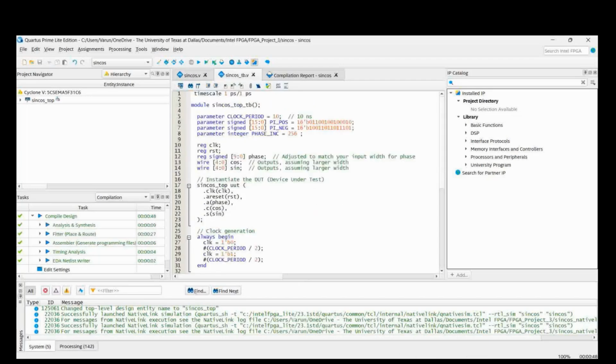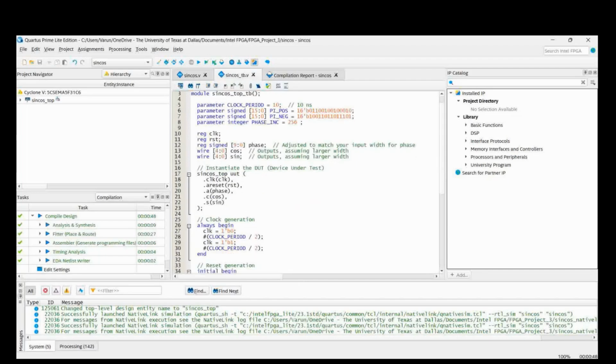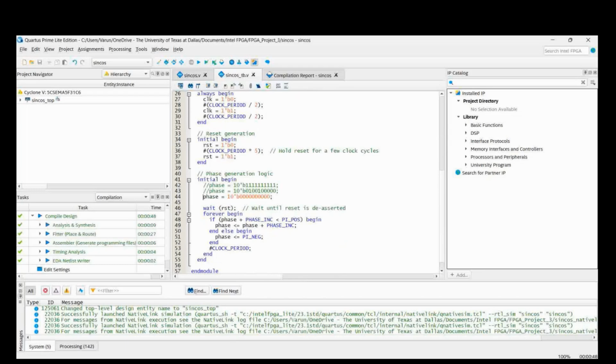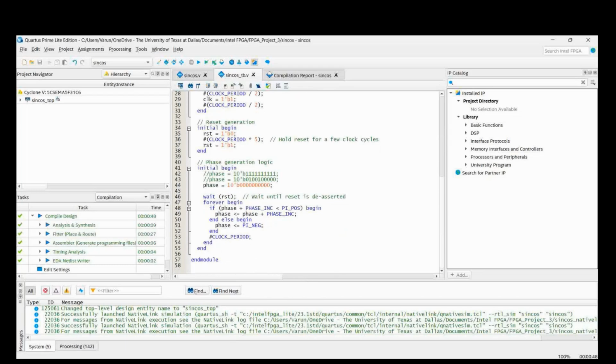Now this is the test bench. As you can see, we have defined a few parameters here. We'll be giving the phase as our input.